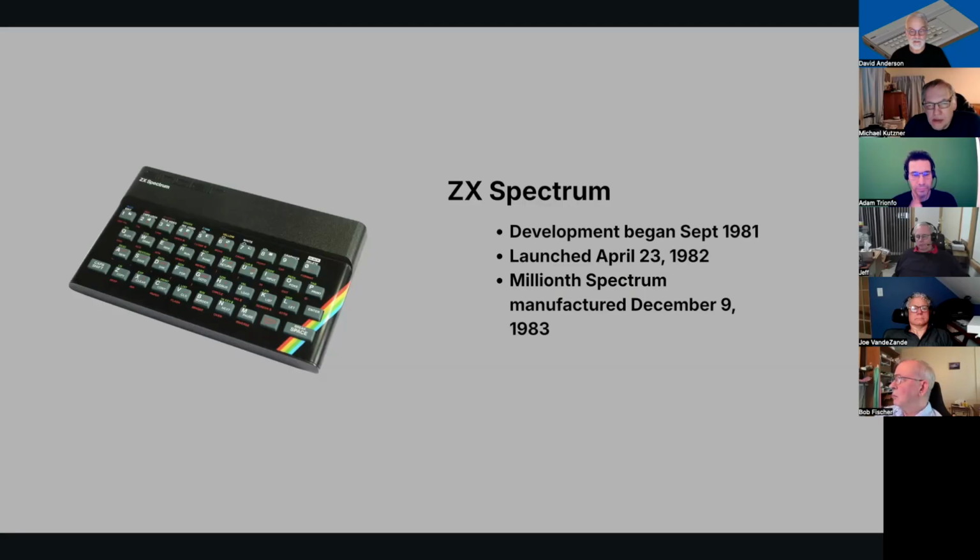And in the space of less than 2 years, they managed to sell 1 million of these little suckers. So this explains, Adam, why the Spectrum is so popular and pervasive in the UK. There were so many of them. Well, it was being sold only in the UK. That's not right, is it?